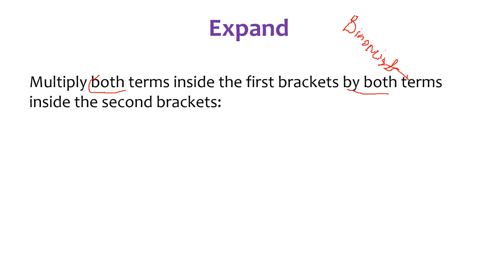Let's see what we are talking about exactly here: (x plus 4) into (x minus 2). This means we are going to use what we call the FOIL method, and when we get to grade 10 we focus more on that. With the FOIL method, you say the first x times x: the first term of the first bracket multiplied by the first term of the second bracket.